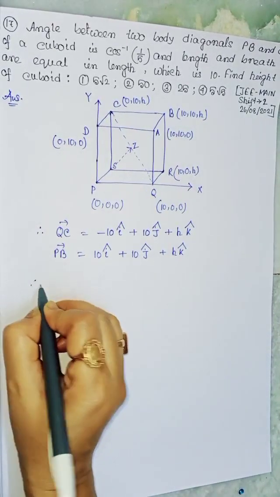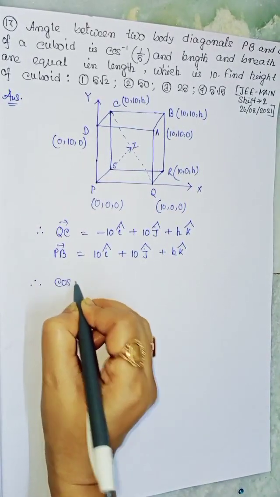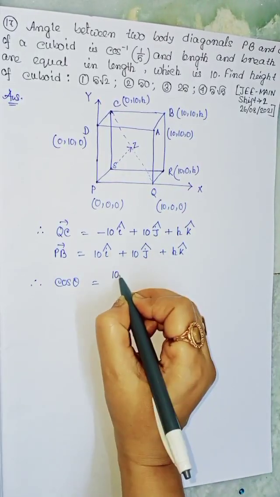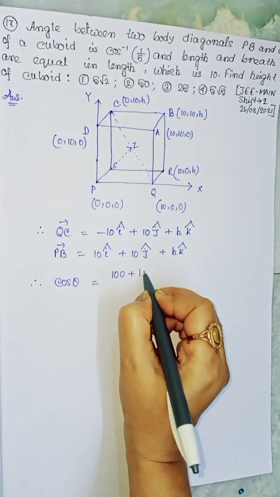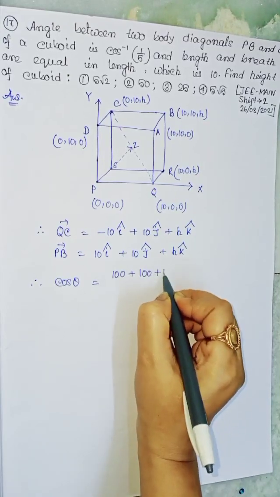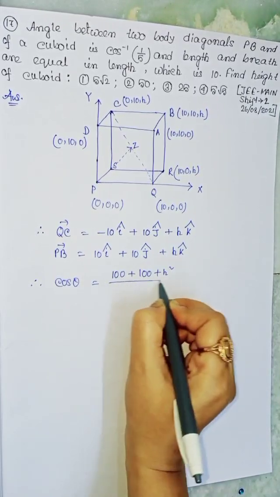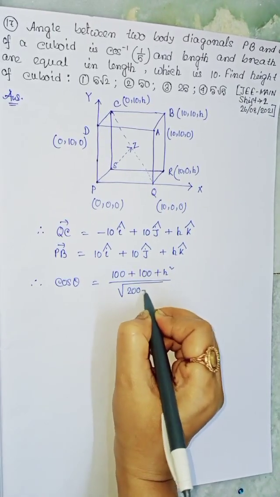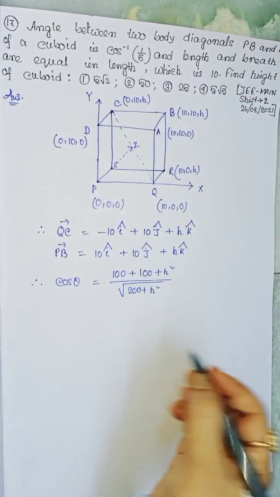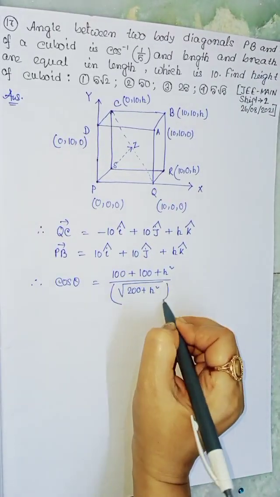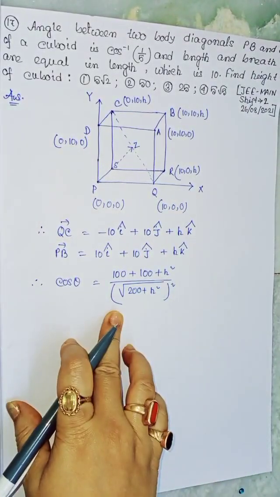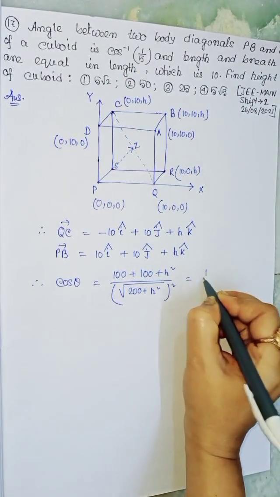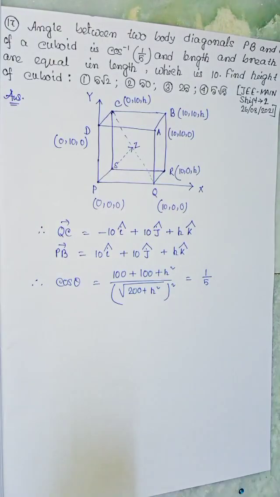Now cos theta is equal to (-100 + 100 + H squared) divided by the square root of (200 + H squared), whole squared. That is equal to the given 1 by 5.